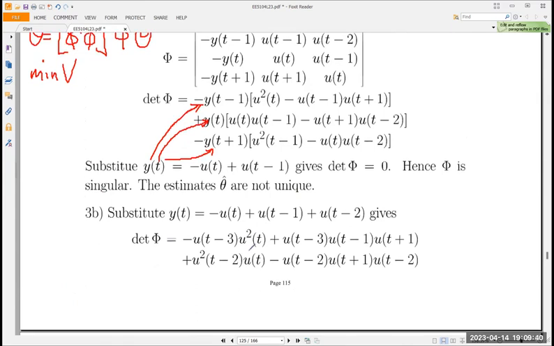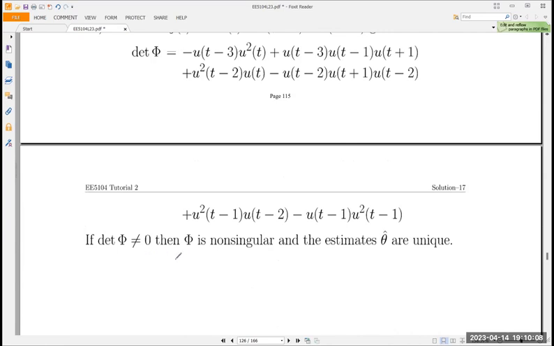Now you'll find that the determinant may not be equal to 0. You substitute this y into here, you find that the determinant is this. So now it all depends on your control signal. If your control signal put inside this equation gives you non-zero, your determinant is non-zero, and so you can estimate your unique theta.